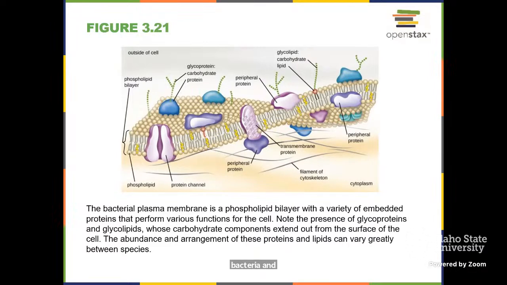The archaea plasma membrane is kind of in the middle. It's got some things that are bacteria-like, and some stuff in the plasma membrane that is eukaryotic-like. They're still prokaryotic cells, but they've got some features that are sort of in betweens, if you will, all right?